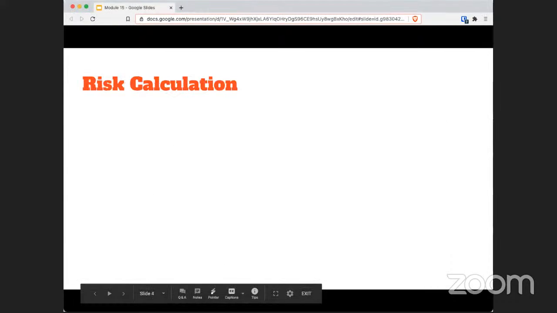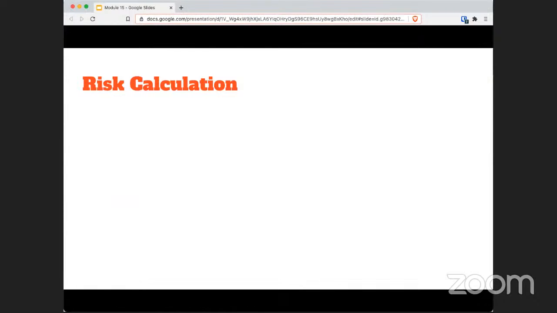Risk calculation. These two equations show up in the Security Plus exam. An organization that can accurately calculate risk is better prepared to address the risk. Two approaches to this are the qualitative risk and the quantitative risk.